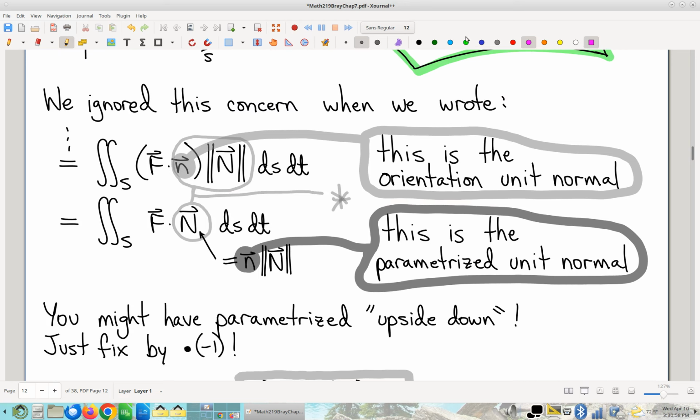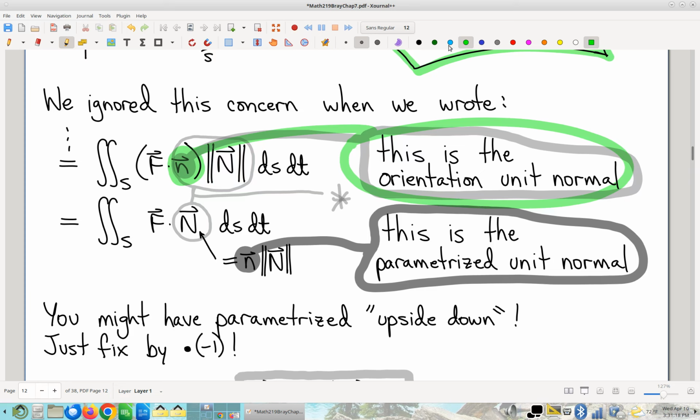When we started off here and we were talking about flux, and we talked about little n, that little n when we first write down flux is based on how the question comes to us. Whatever our oriented surface was given as, this is the orientation unit normal.